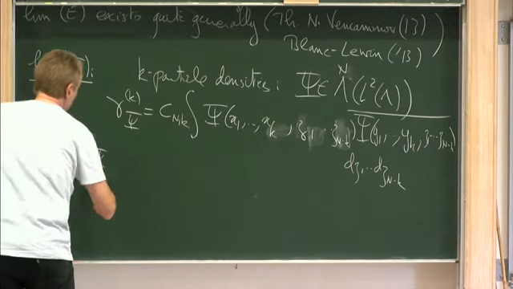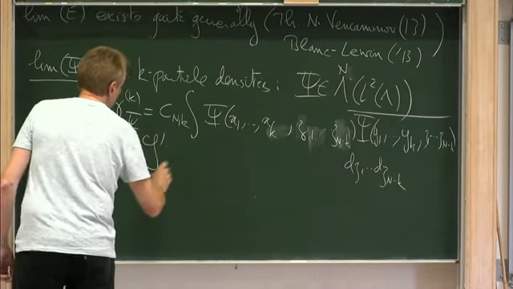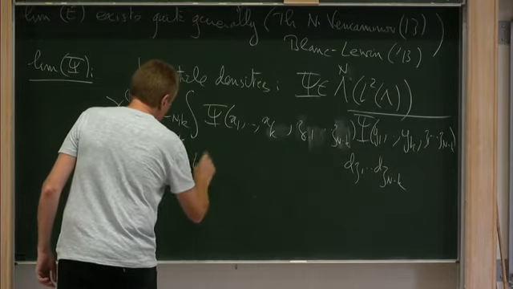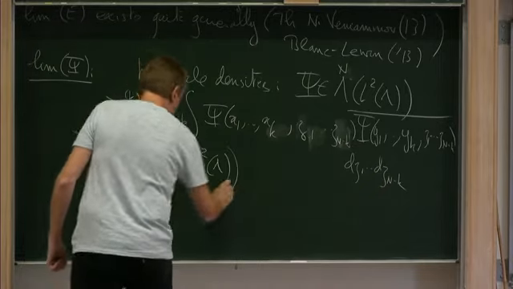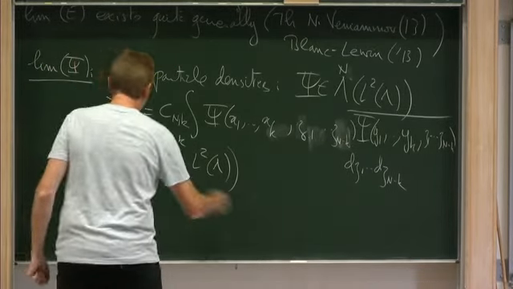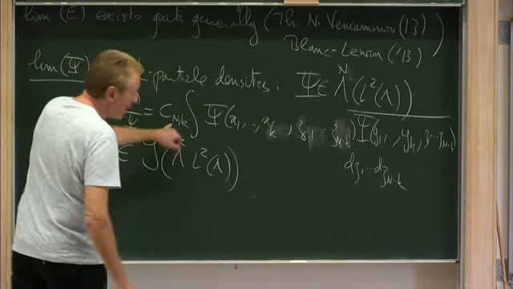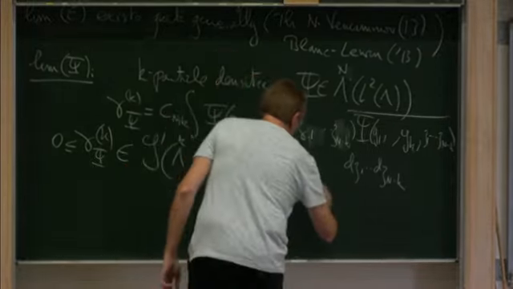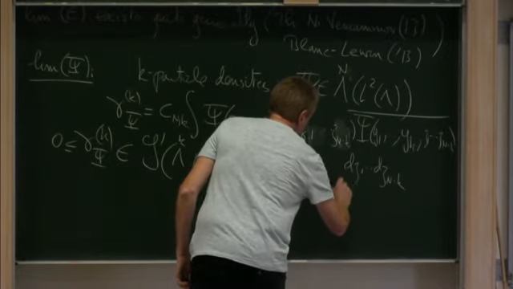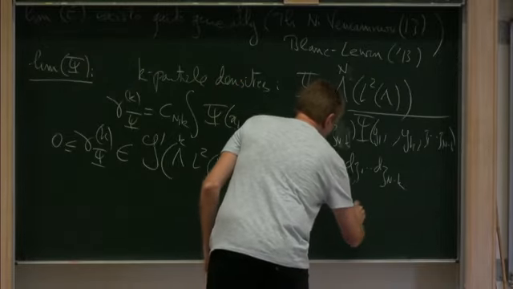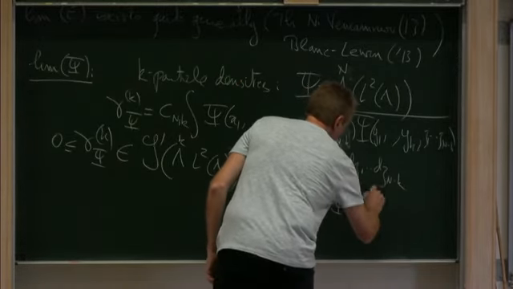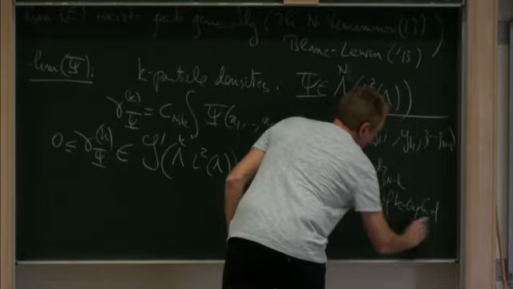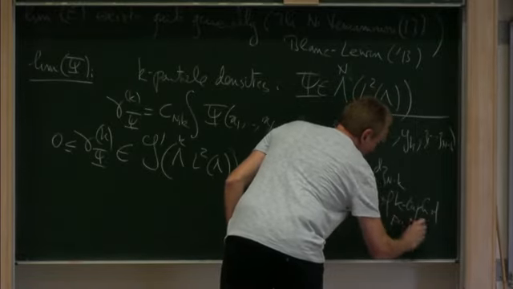So gamma psi of k belongs to S1 of L2 of lambda k, so this k is fixed now. Moreover, it is positive, and the normalization C n k is such that the trace of gamma k psi is equal to the number of k-tuples of particles among n.